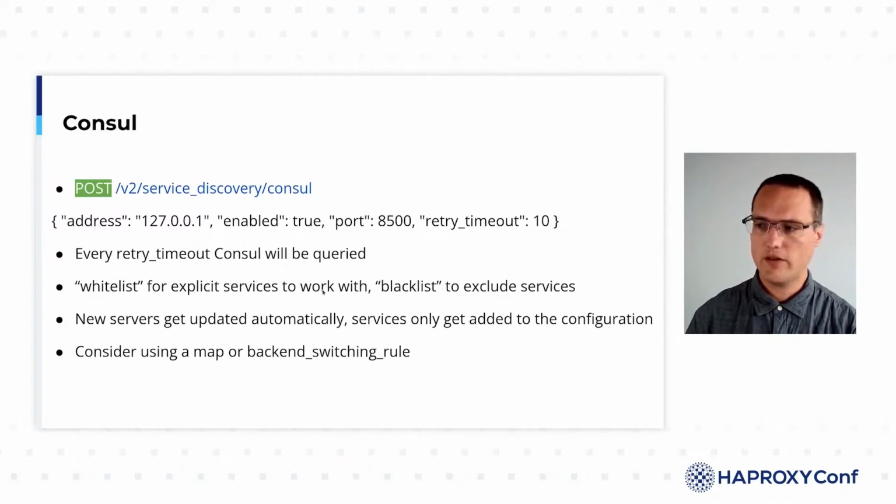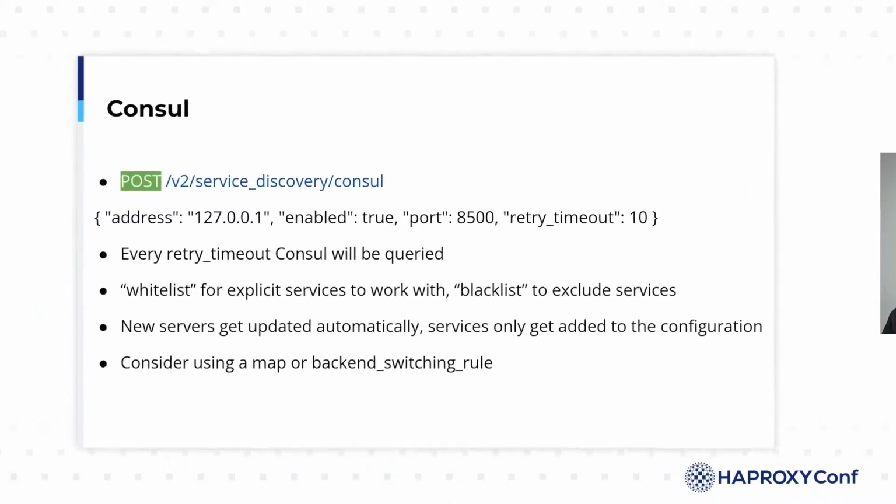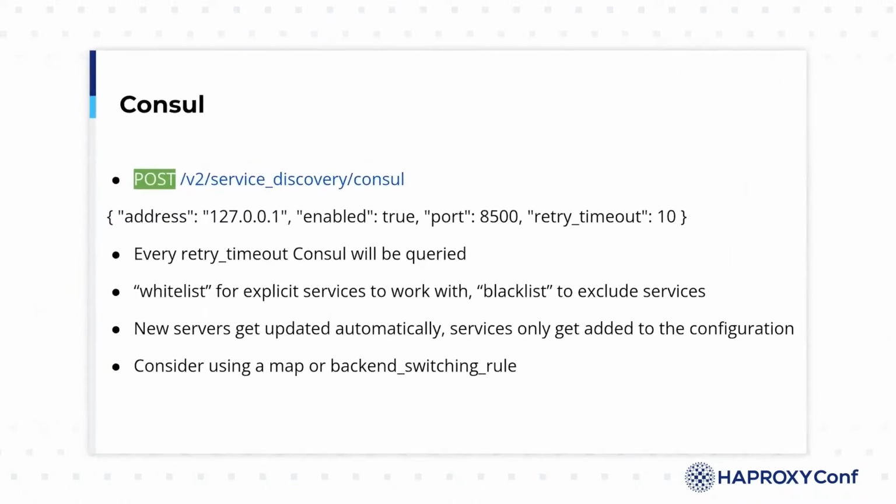However, we have a whitelist and blacklist, to either explicitly list what you want to include from Consul, or to exclude some things if you have other features on the AWS or the Consul service. If you're using Consul, you have other options as well.